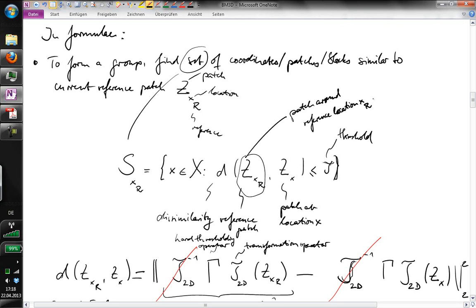This is 2D. It's a transform from 2D to another 2D representation. So you think of Fourier transform, except it's not Fourier, but a wavelet transform that's being used. So it's not a projection.